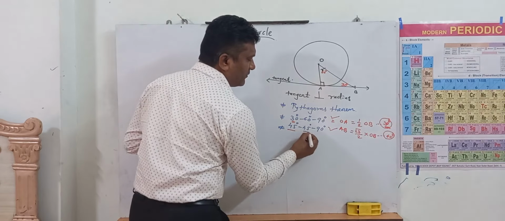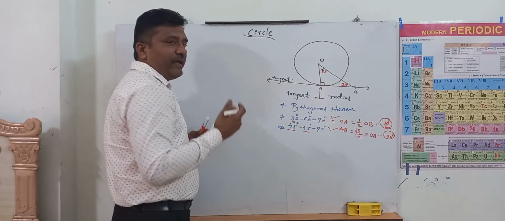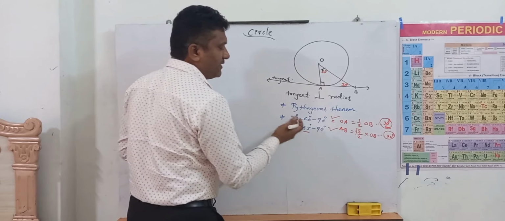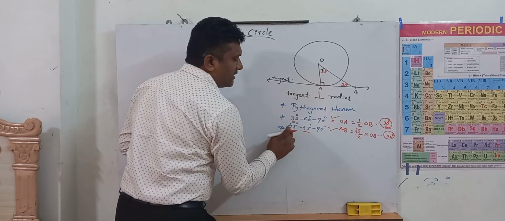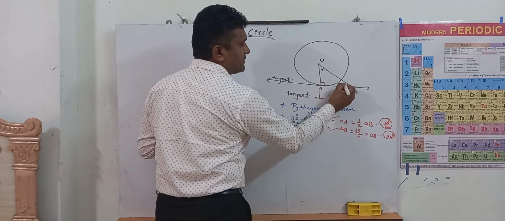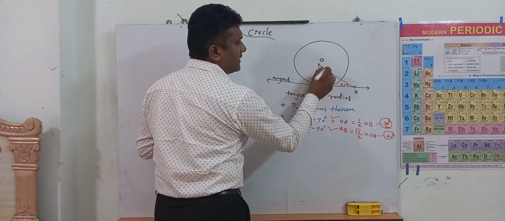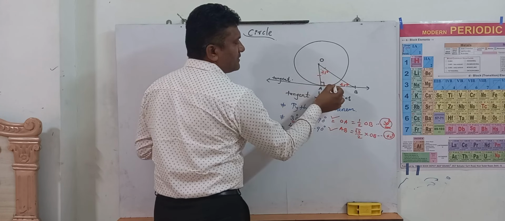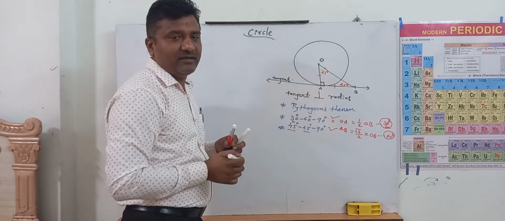Next is 45, 45, 90 degree. If the angles of the triangle are 45, 45, 90, then what do we know about the side opposite to 45 degree? Now suppose these are 45 degree angles. Quite obviously it becomes an isosceles right angle triangle.